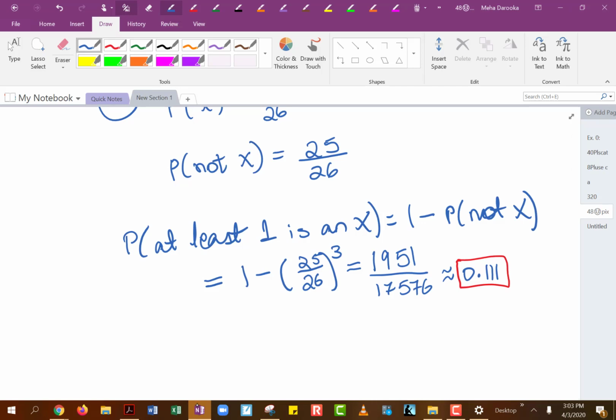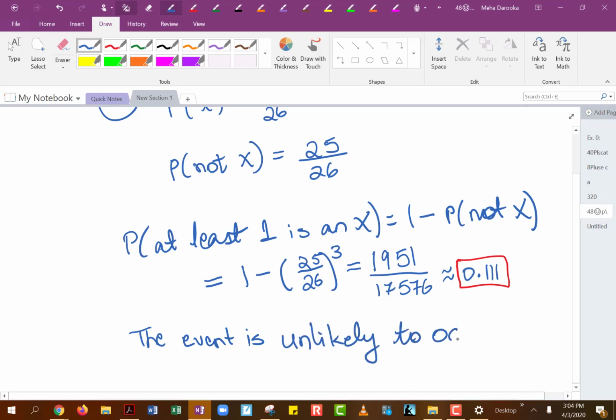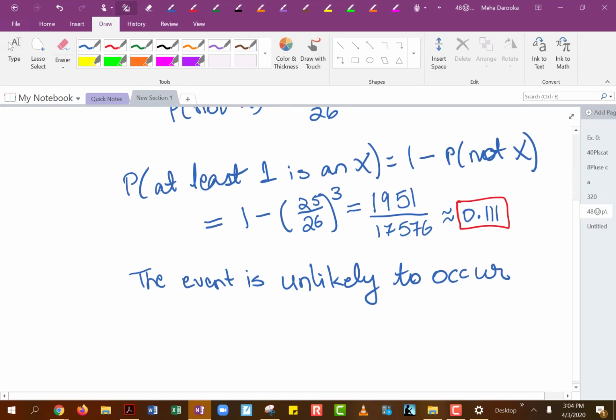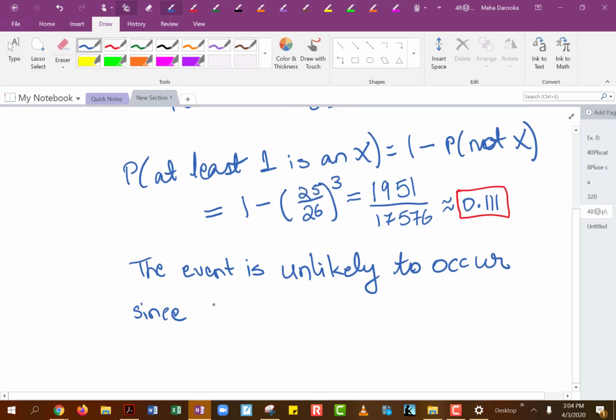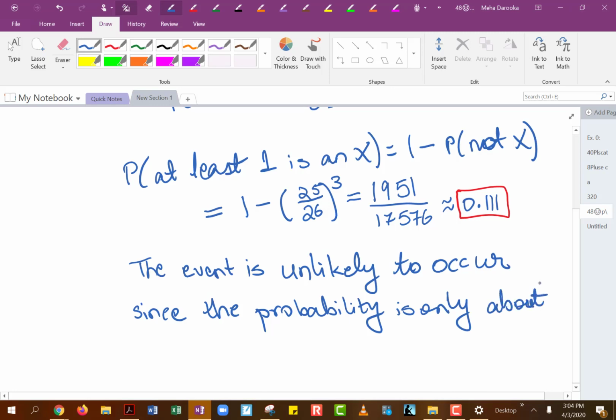So we would say the event is unlikely to happen, or unlikely to occur, since our probability is only about 11%.